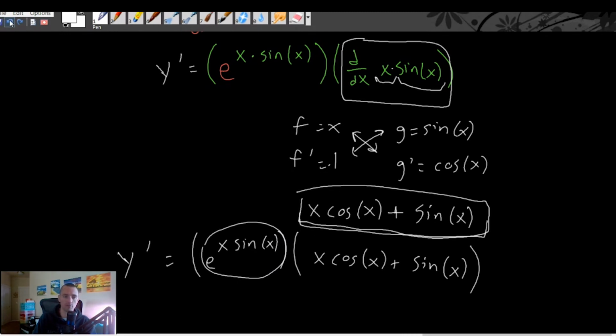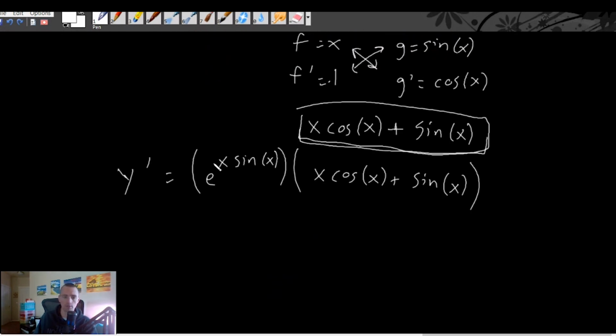So just something to be very careful of. Make sure when you're doing this chain rule that you multiply this whole thing times this whole thing. Basically the derivative of the outside piece, leave the inside alone, that's this whole thing right here, times the derivative of the inside. And those each need to be completely surrounded in parentheses. But that's going to be it. Basically, that'll be our final answer.